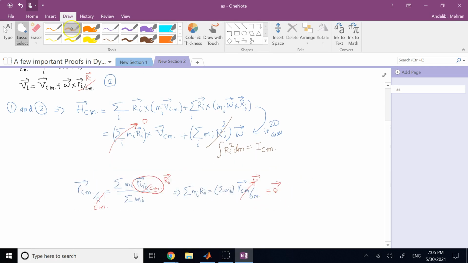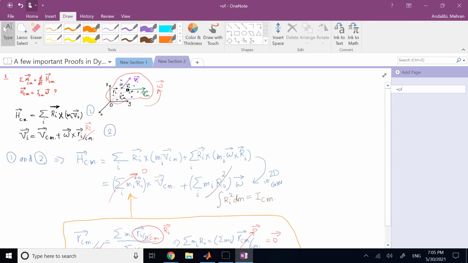Okay, it's not such a big deal to show that. And here I've used this guy to prove that. So there we go. ICM times omega is equal to what? H about the centroid. As I said, in 2D cases, this is a single number.